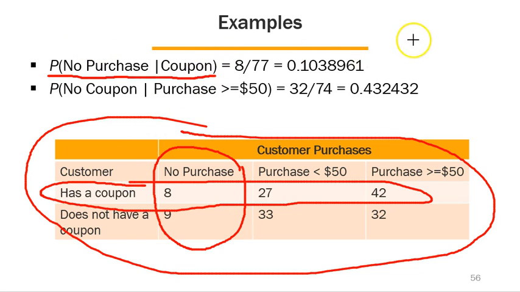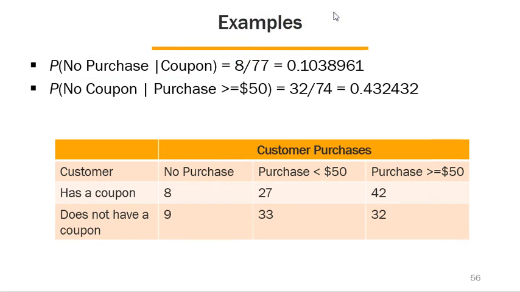So the formula again would have had us look at the probability of A intersect B, and we can consider these things to be A and B. So what we've got here is the intersection is this part, that gives us the 8 here.